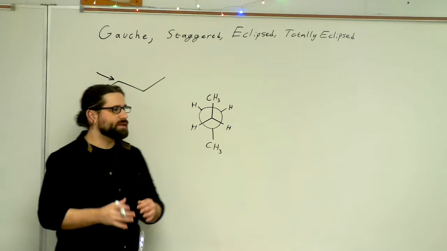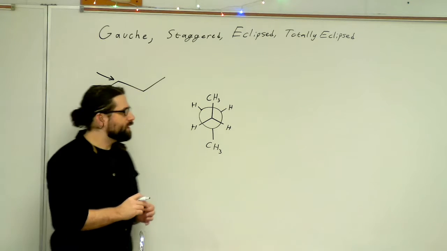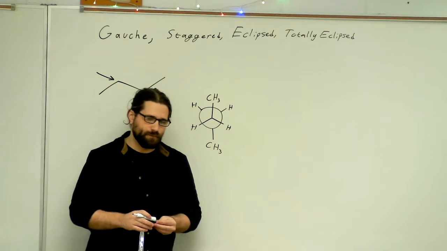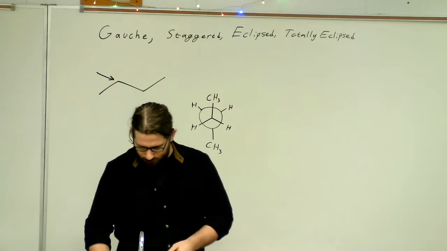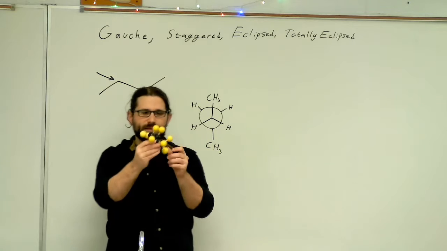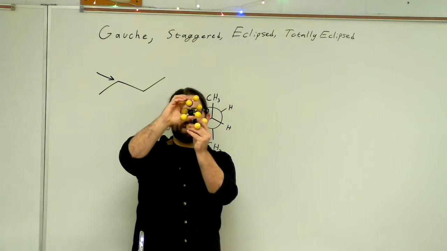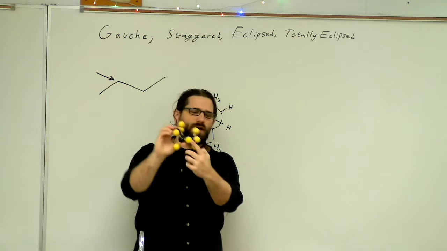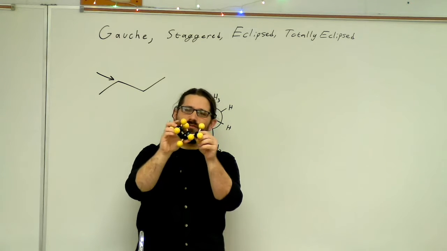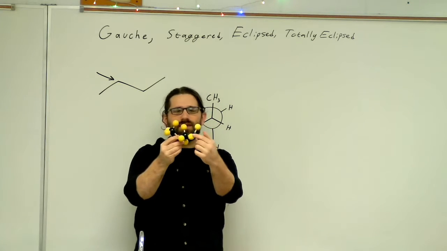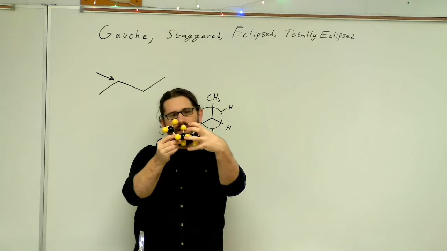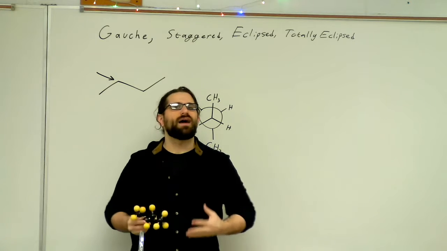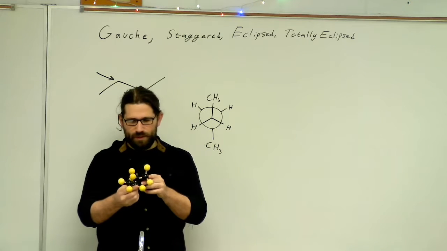So let's go ahead and look at some of the other ways that this can go around, because the addition of these methyl groups is going to change things. Firstly, if I look at how this spins, when it gets to its first eclipse, I can see I'm going to have a little more interaction than just the hydrogen to hydrogens that I had before. See, I've got this big electron density that's now pushing away from this hydrogen. It's going to have a little more energy than it did before.